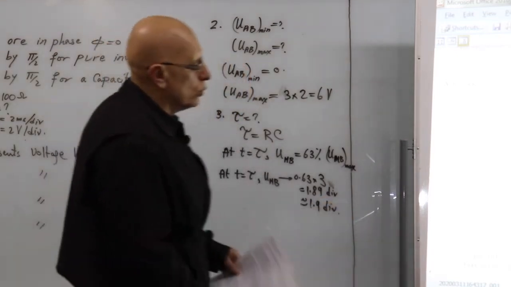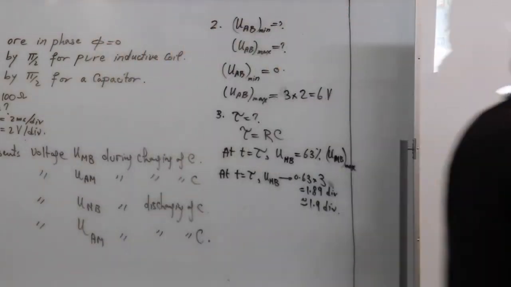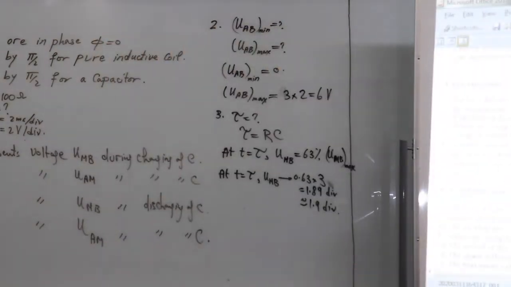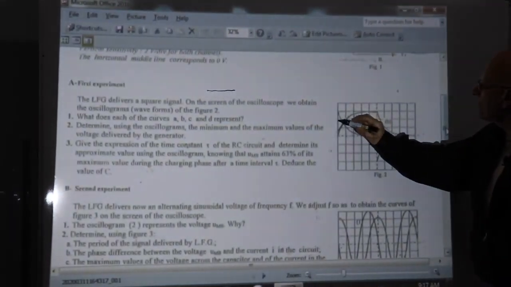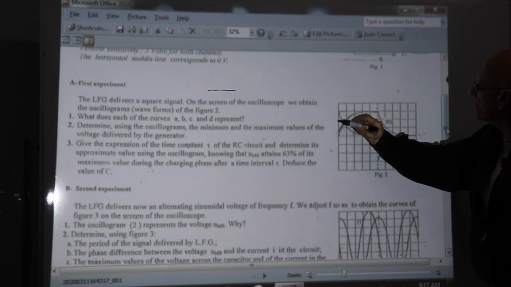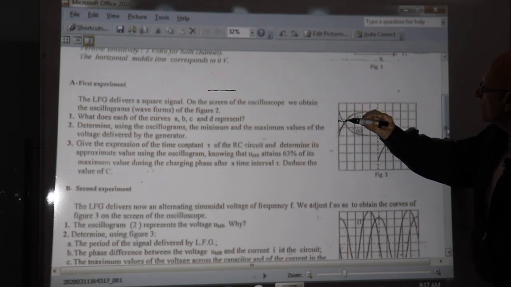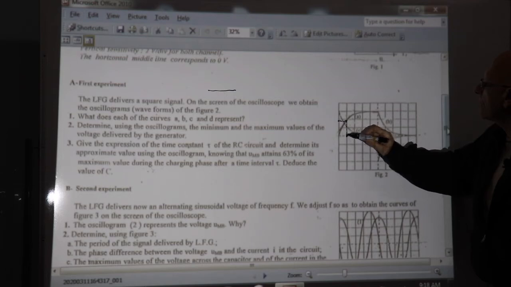So to determine tau, I should move around 1.9 divisions. This is 1.9 division. This means at this point I draw a horizontal line to intersect with the curve, then I make an orthogonal projection in order to get tau.